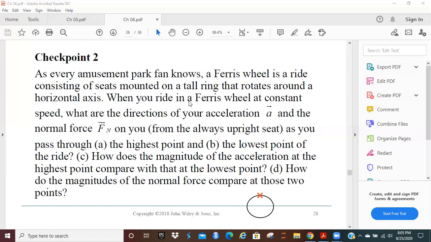And the question's going to be, what are the directions of your acceleration and the normal force? When you're right here, which way are you accelerating? I'll give you a hint. Towards the center of the circle.